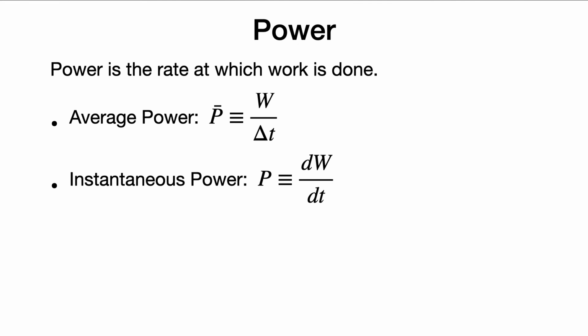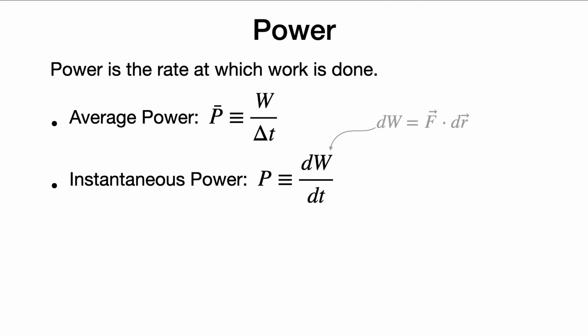Another very important concept we want to mention briefly is power. Power is the rate at which work is done. So, for example, average power can be defined as the amount of work done divided by the time interval during which this work is done. That ratio would give you the average power exerted during a given time. Instantaneous power is simply the time derivative of work.